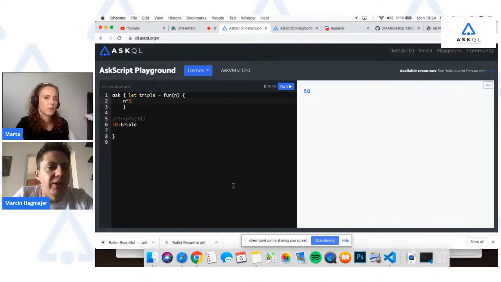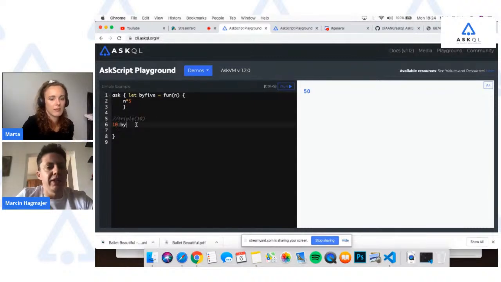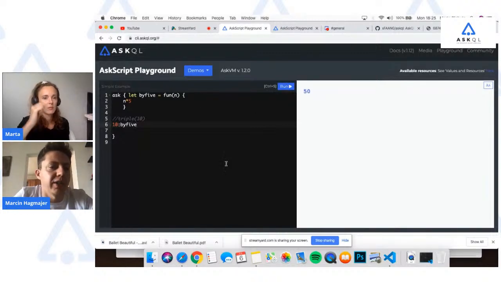So how would you then name this function? Would it be okay to still call it triple, or would that not make sense? By 5. Yeah, nice. So then you would have 10 colon by 5. As you can see, we are always in the process of creating a programming language here, because we get to come up with our own identifiers and use them in our programs.